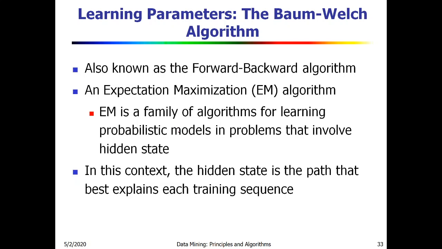Then coming to the learning parameters, that is how we are going to find out using the Baum-Welch algorithm. So here we are saying this algorithm can be said as forward-backward algorithm, and this algorithm uses the expectation maximization algorithm. So the maximum values that are expected from these particular values, we say it as that.